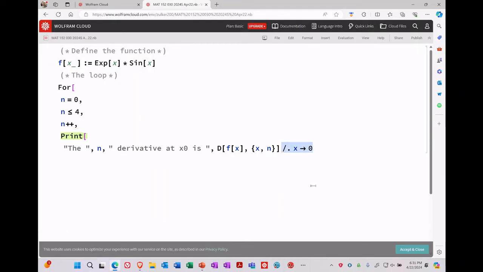This whole thing here means whatever's in front of it, we're going to evaluate it at, in this case, x equals 0, when x is 0. That's all I want.